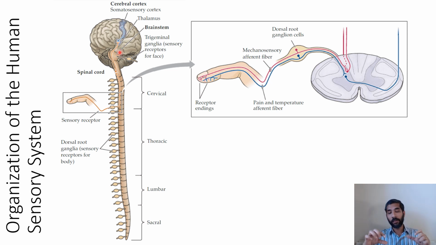Now in the brain, all the sensory nerves end at what is called the somatosensory cortex, and in this cortex, the sensations are organized spatially. So there are different parts of the brain, for example, for sensations from your hand.